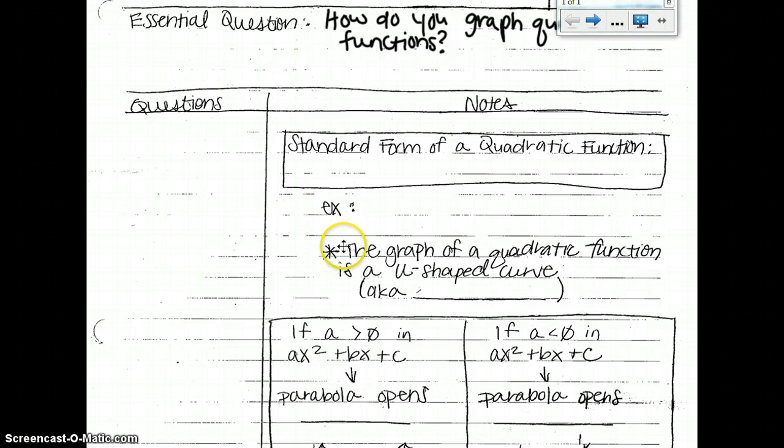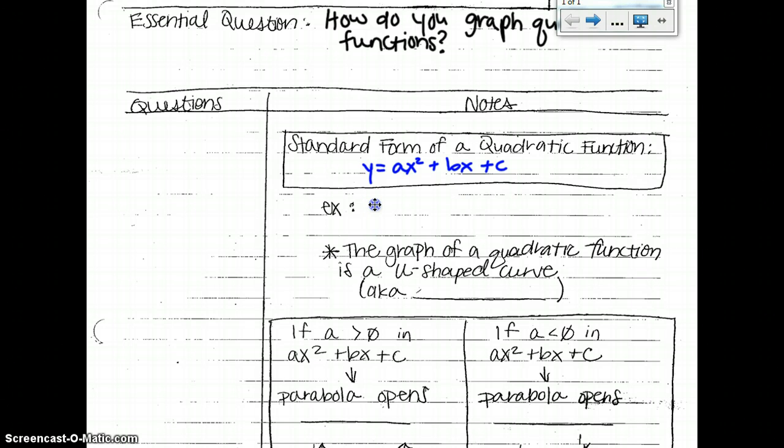Okay, the standard form of a quadratic function is y equals ax squared plus bx plus c. We've learned that throughout the year, mostly second semester.